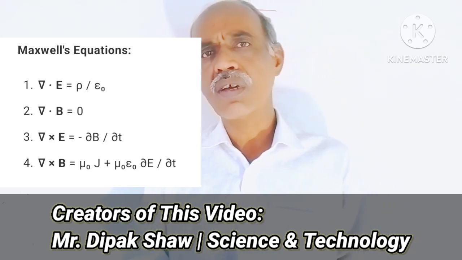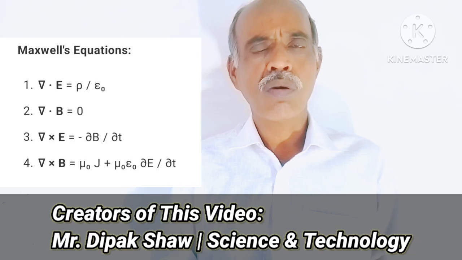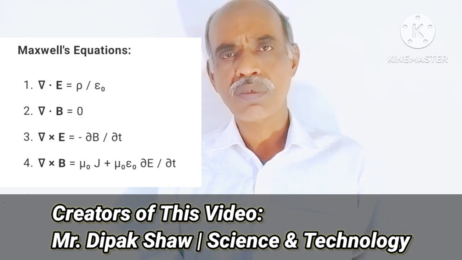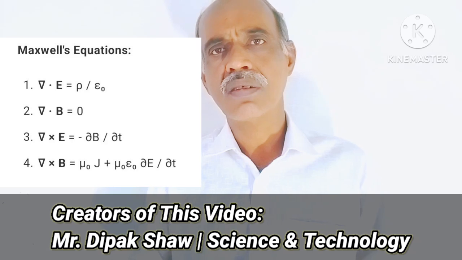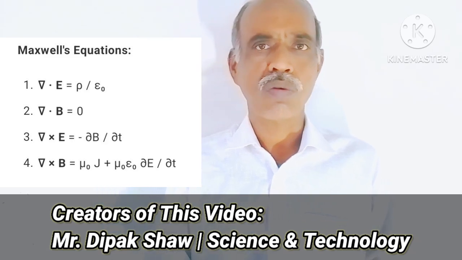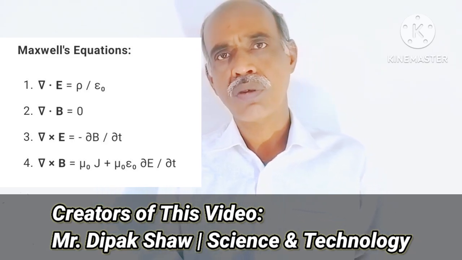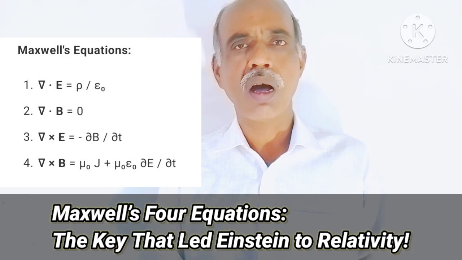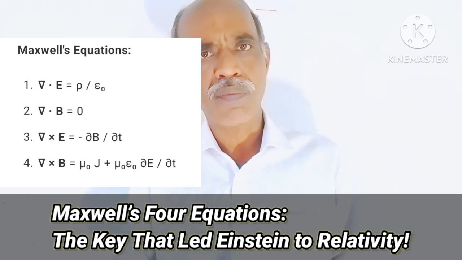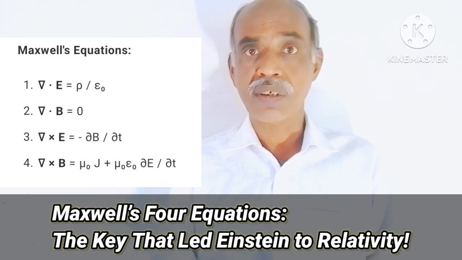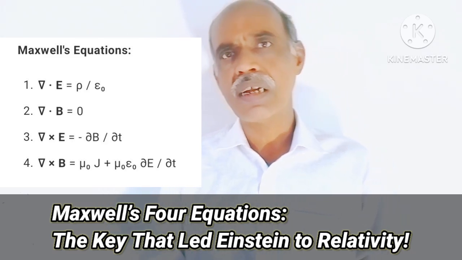The next equation is Gauss's law for magnetism: nabla dot B is equal to 0. This is again a dot product, that is, the divergence of the magnetic field. B represents the magnetic field and E represents the electric field.